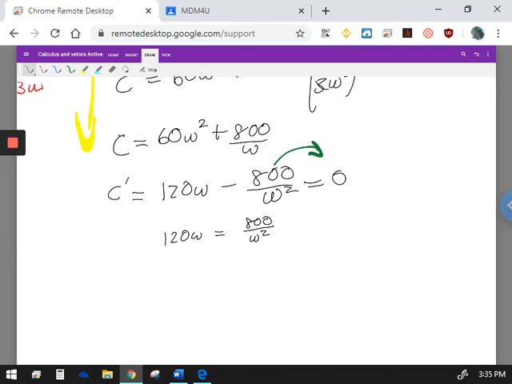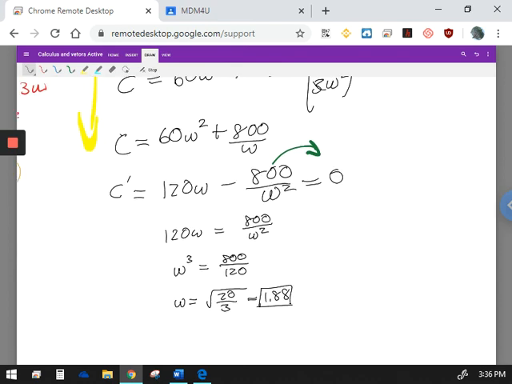So I'll get w to the third equals 800 over 120. And it looks like we're going to get the third root of, what is that, 40 over 6. So we'll have that 20 over 3. Hopefully I got that right. 1.88. That's the width of the box.